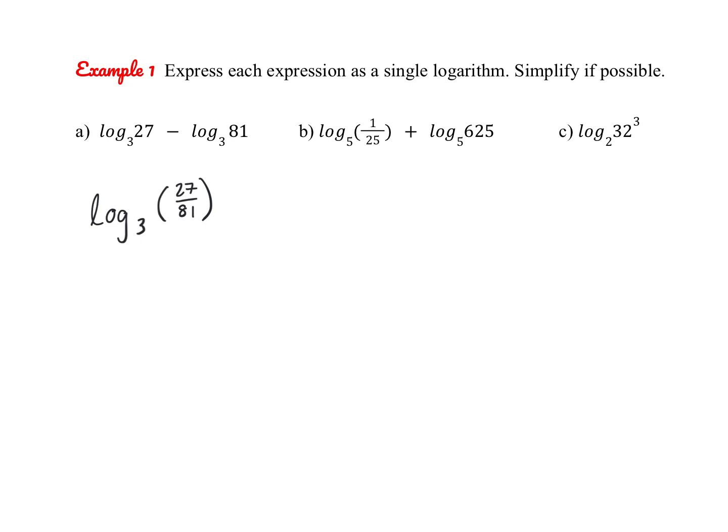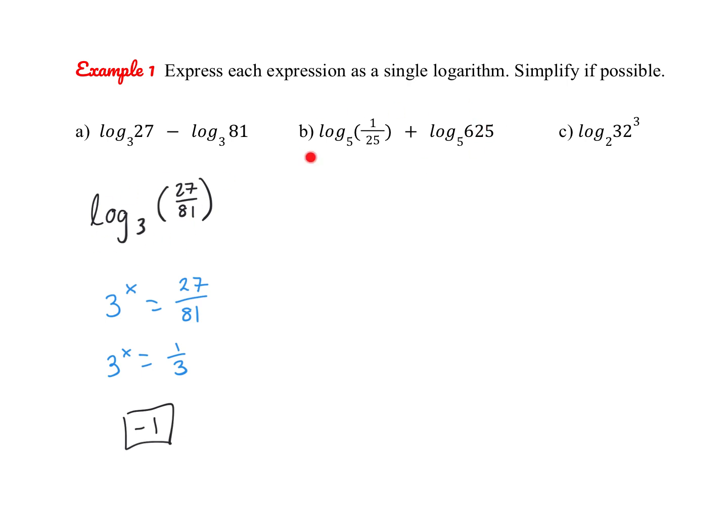And now here we can see if we can simplify this. So we're essentially asking 3 to what power is 27 over 81. It will definitely help us to simplify this. This is 1/3. So we see that the exponent must be -1. So that's the value of this logarithm.